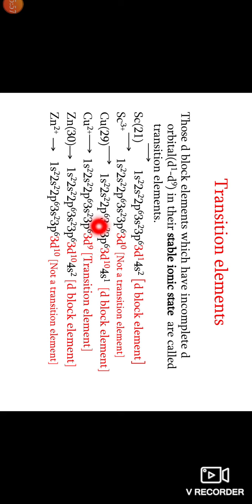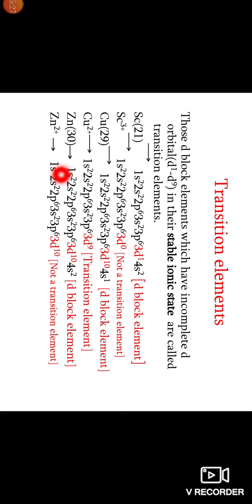Again, the last electron of copper also goes to 3d orbital, and so it's a d block element. And the stable ionic state of copper is Cu2+, which contains 3d9 configuration, that is, the d orbital is partially filled by electrons, so it is a transition element also. So copper is a d block element as well as a transition element.